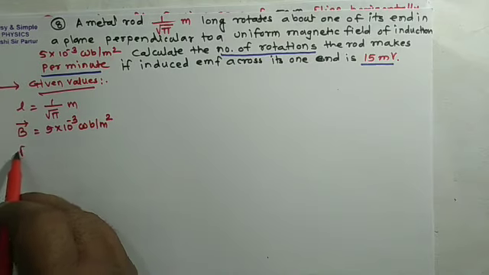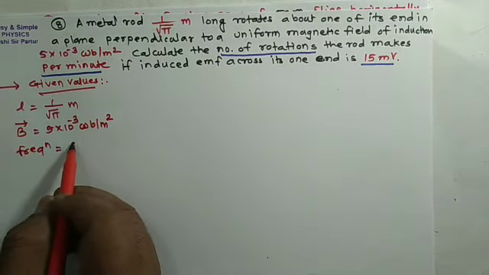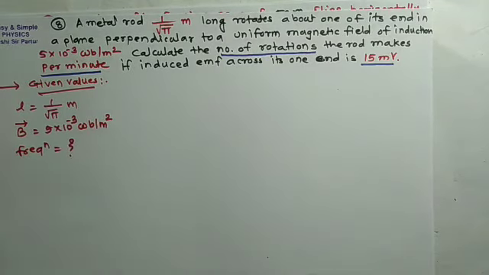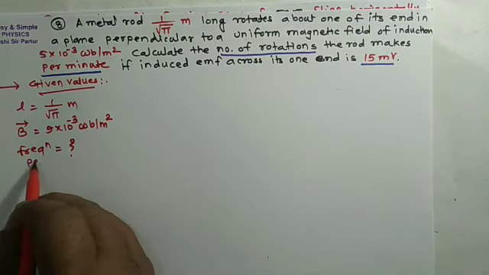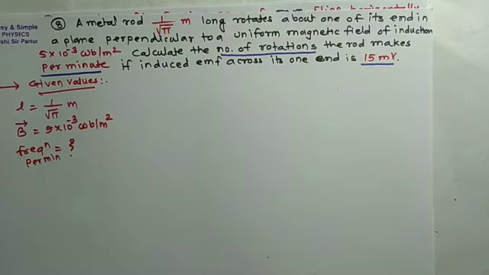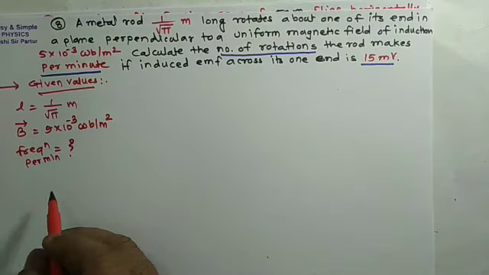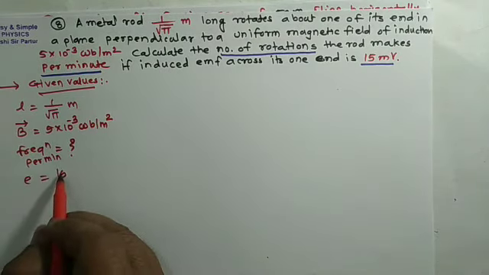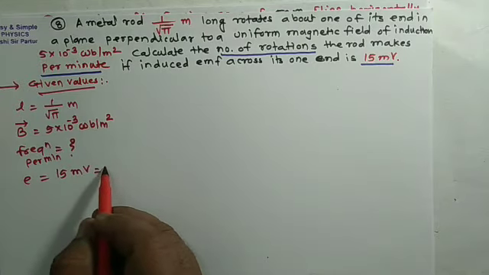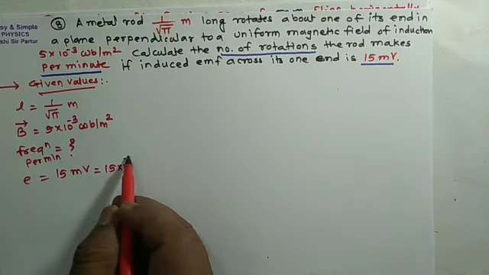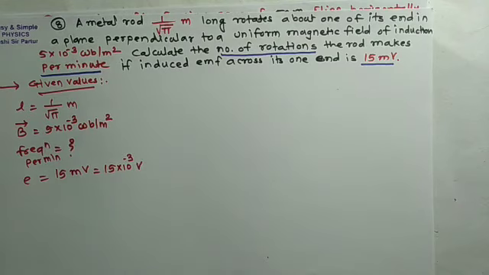The number of rotations, that is the frequency, will be the unknown, per minute. The induced EMF is 15 millivolt, meaning 15 into 10 to the power minus 3 volt.